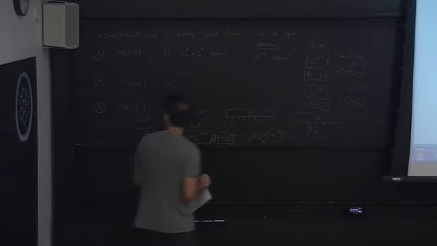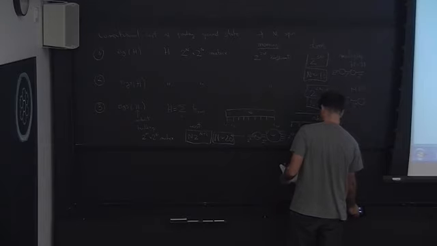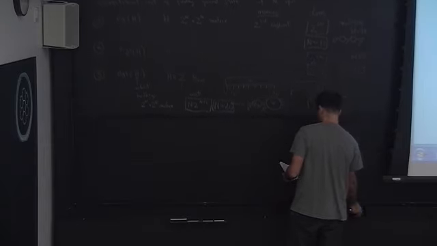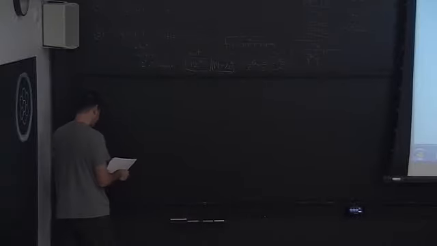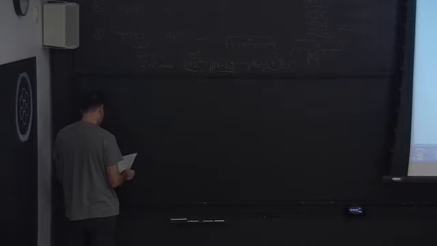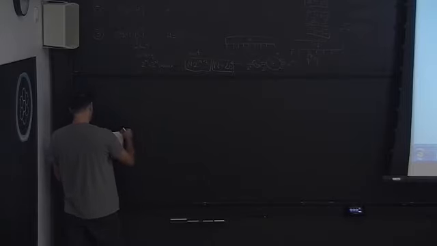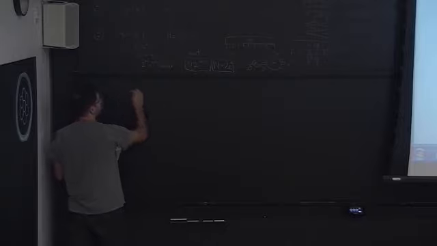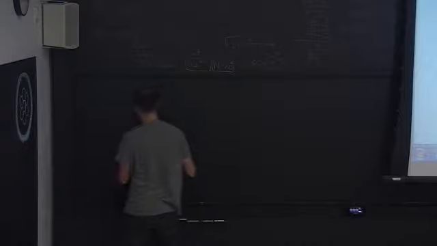So let me review this algorithm a bit more in detail. What we have to do is consider what I just did, so I'm going to write this again, but more carefully.